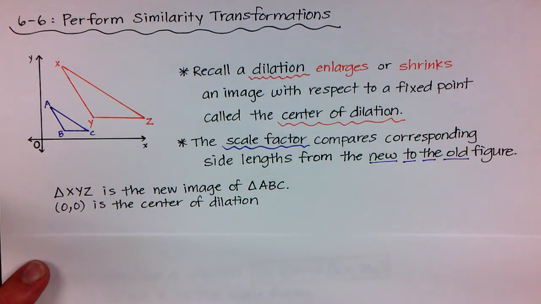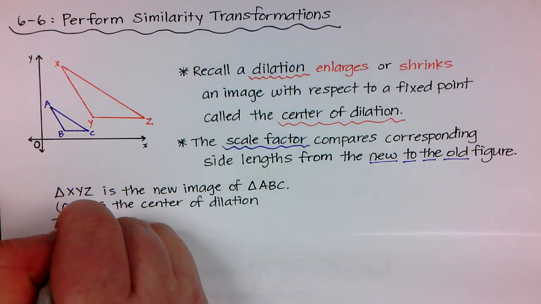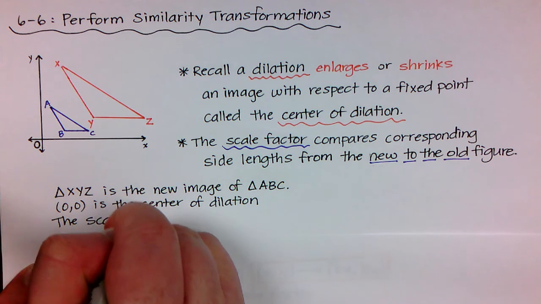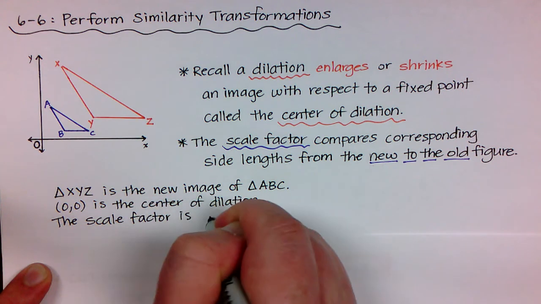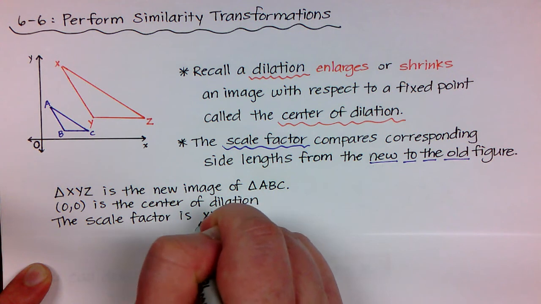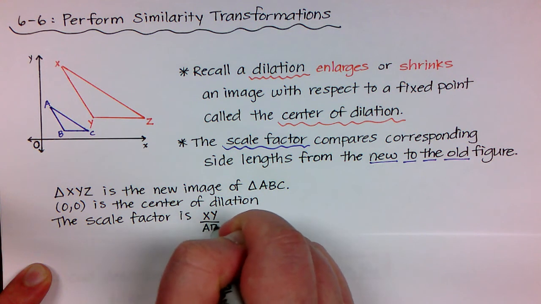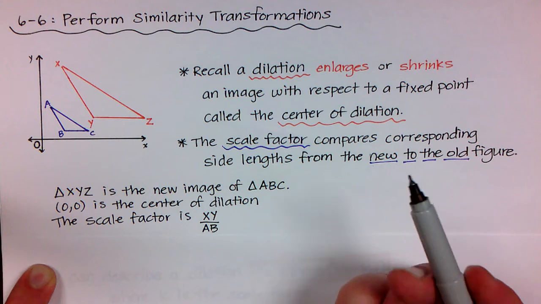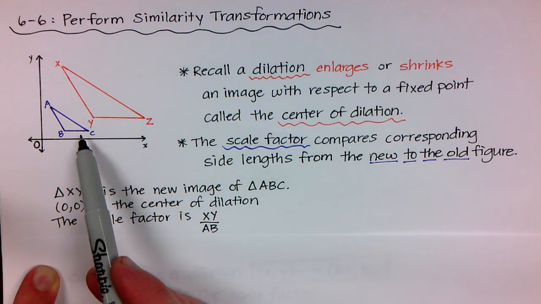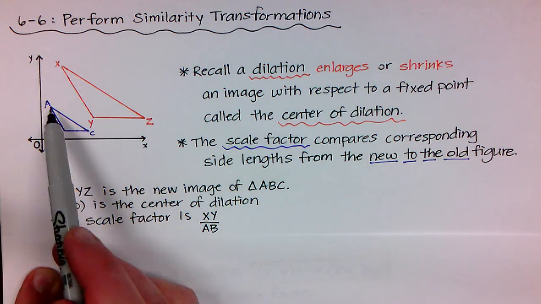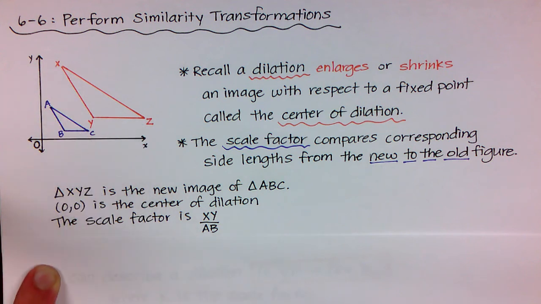And we're going to say that the scale factor is the length of XY compared to the length of AB. I could also say the length of YZ compared to BC, that would be the same ratio, or XZ to AC. I could say those as well.